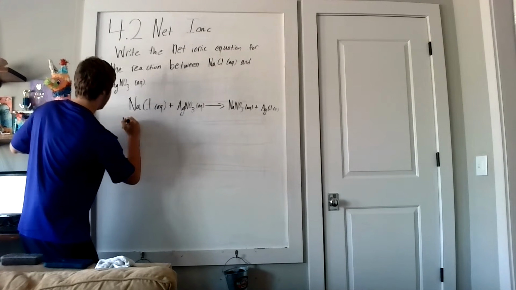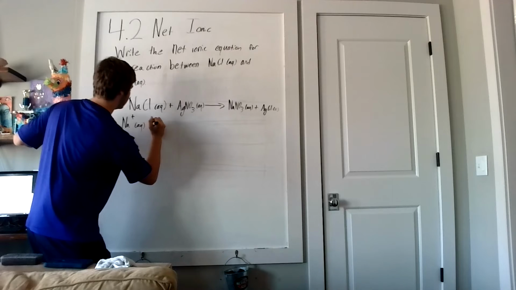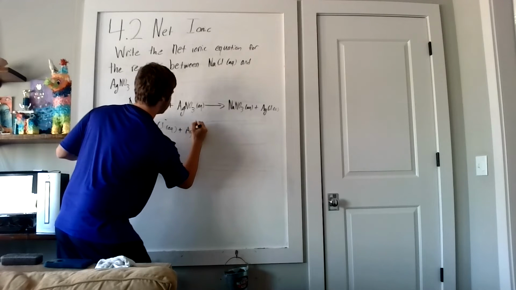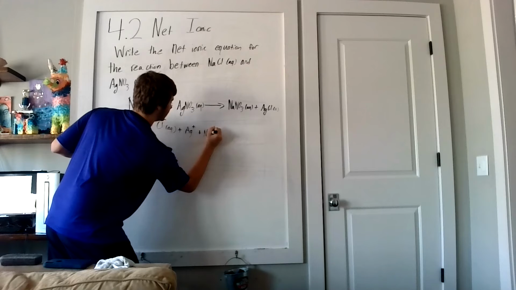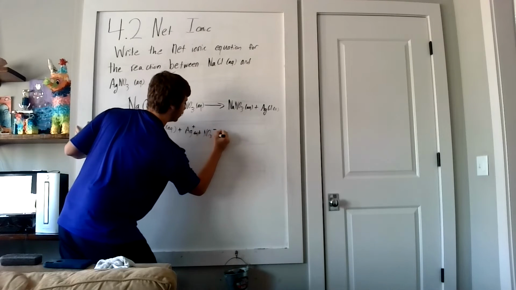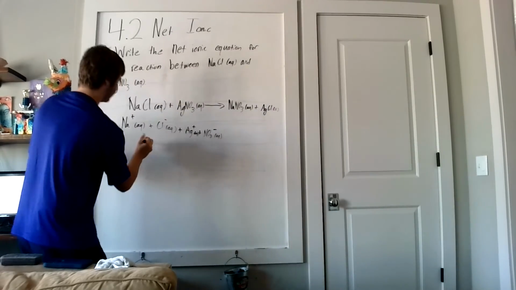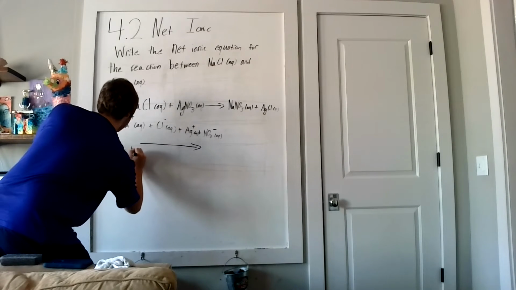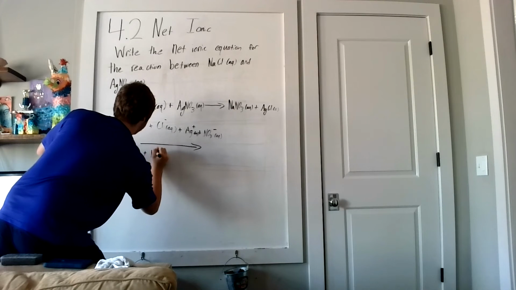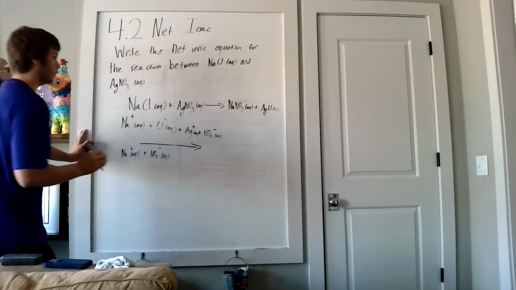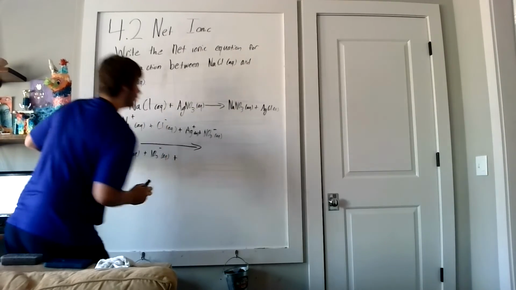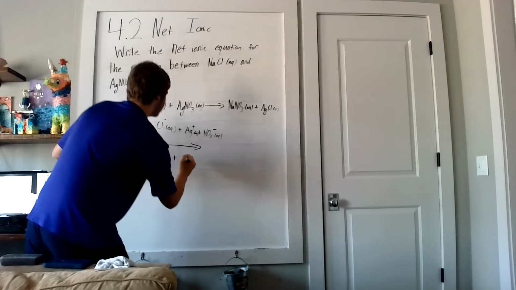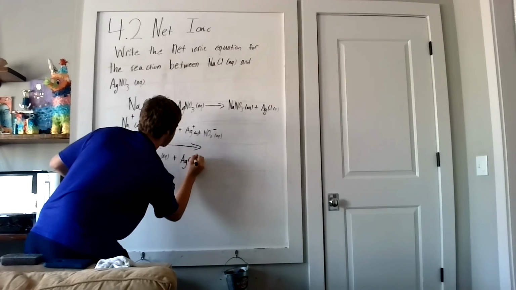So we have Na plus aqueous plus Cl minus aqueous plus Ag plus NO3 minus, both these are aqueous, yields, I'm going to have to stack this, Na plus aqueous plus NO3 minus aqueous plus, since AgCl is a solid and not aqueous, we cannot separate it. So we just keep it as AgCl, solid.